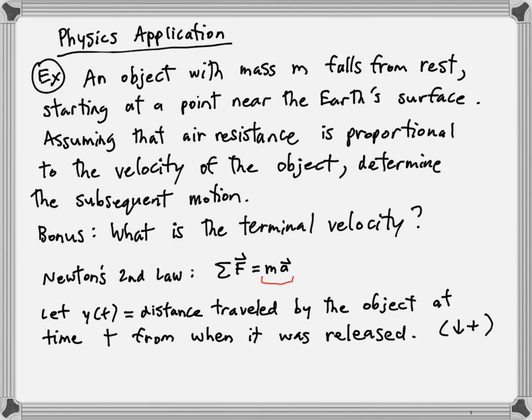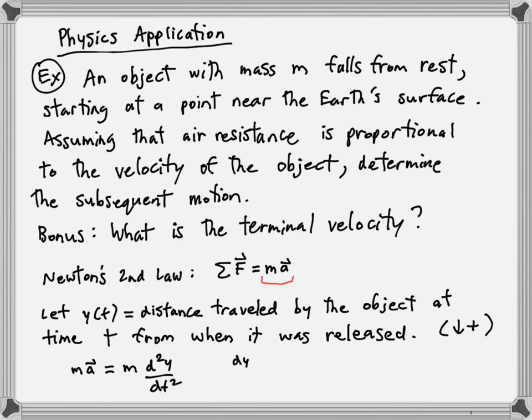Okay, so what is ma? ma is actually just m times the second derivative, right? Because we know that the first derivative is velocity and the second derivative is acceleration. So let me actually write that down.